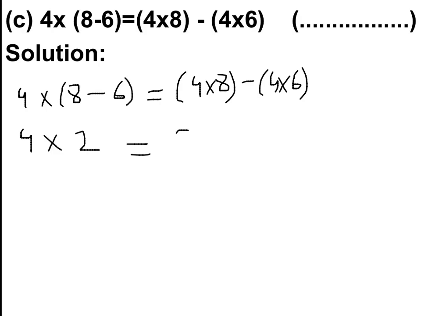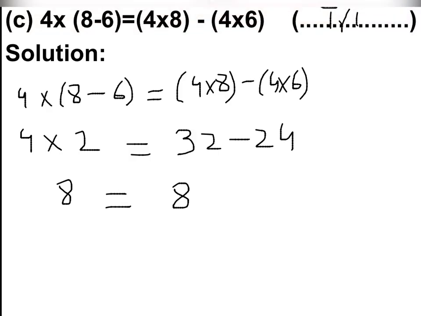Now 4 times 2 is 8. Now 4 8s are 32 minus 24. Now we will read the table. 4 1s are 4. 4 2s are 8. 32 minus 24. Now we will subtract. 32 minus 24 is equal to 8. So student, this statement is also true because left side is equal to right side. That's why the statement is true. Understand? So the answer is 8 is equal to 8.